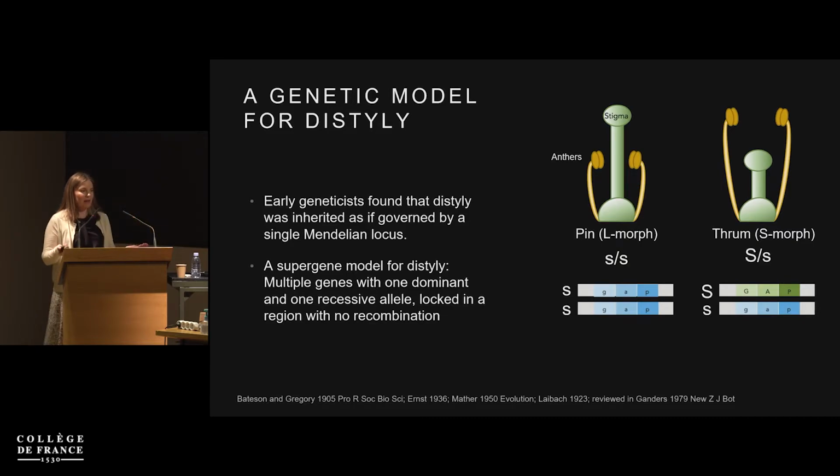And so to explain how you could have these multiple morphological and physiological traits being co-inherited always in specific combinations, they turned to the supergene model. They hypothesized that there were multiple genes with 1 dominant and 1 recessive allele that were locked together in a region of the genome without recombination. I've just schematically depicted that here. And so in Primula, Ernst even went so far as to delimit that number to 3 genes.